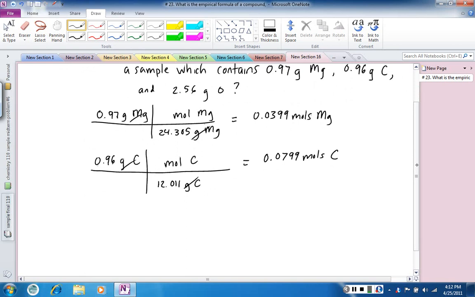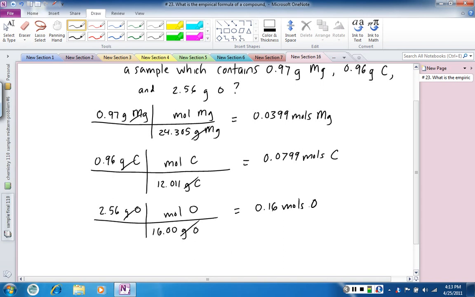And the last one, we have 2.56 grams of oxygen, 16.00 grams of oxygen per mole of oxygen. So that works out to be 0.16 moles of oxygen.